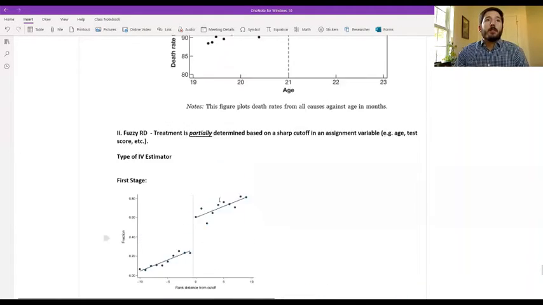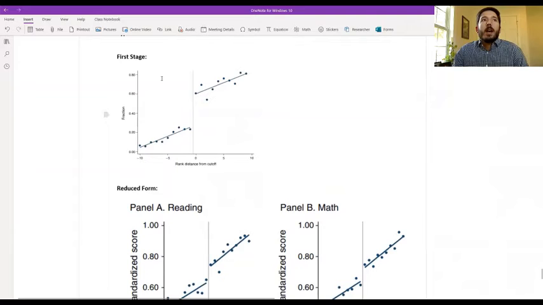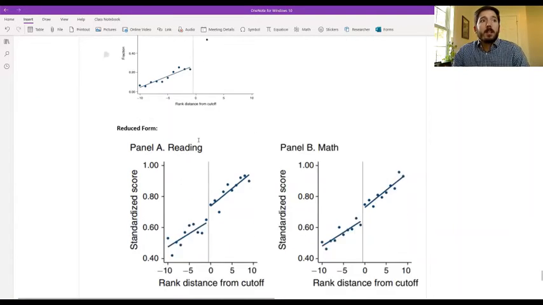If we were to have done the first stage for the legal drinking example, it would look like 0 and then 1, because the treatment would affect everybody on the other side of the cutoff, as opposed to here where it doesn't affect everybody. So that's the first stage for this fuzzy RD.